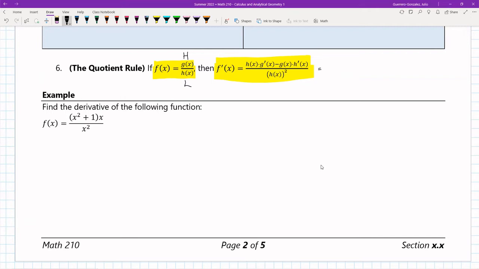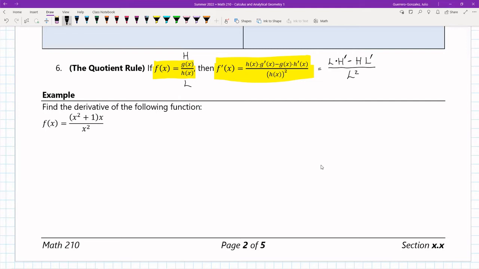Then the way that most people remember this formula for the derivative is low d high minus high d low all over low squared. So this is how people remember the quotient rule. There ain't no shame in just, during the test, saying low d high minus high d low. I can remember it.